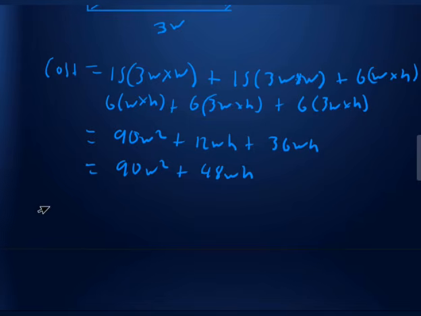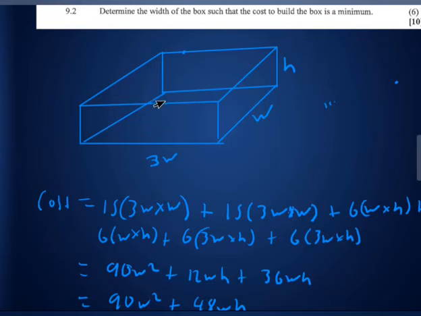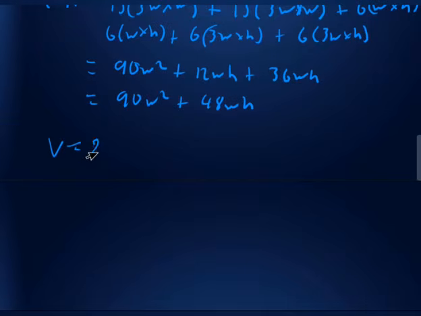So let's get the formula for volume. What is the volume of a rectangular prism? Remember, volume of any prism is area of the base times height. So volume is equal to length times breadth times height. Let's write it first to show understanding. Now, what is the length?